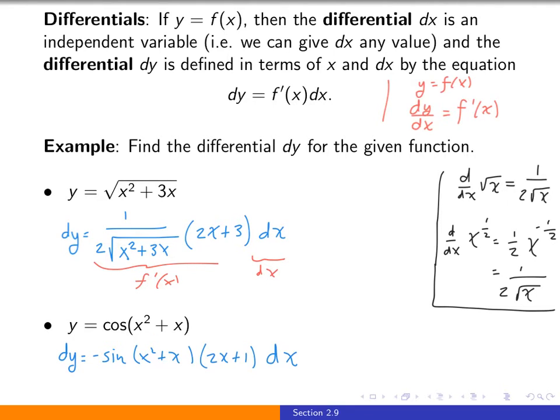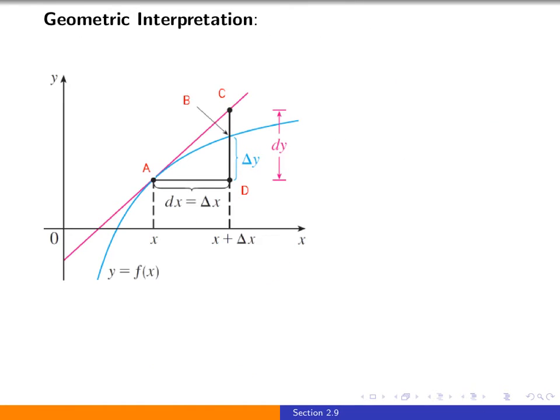Now let's think about what the differential is really giving us from more of a geometric point of view. I think of the following picture with the geometric interpretation. How I want to think about this is I'm sitting on my curve. We have the function y equals f of x in blue. At this point A, we're at the input x.